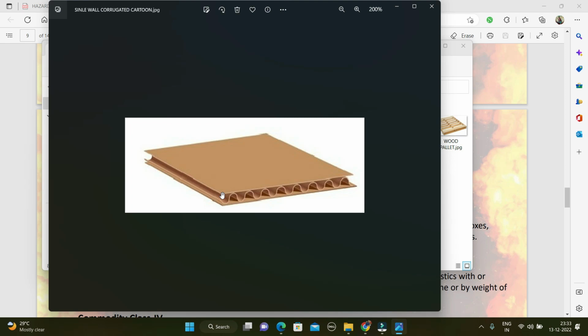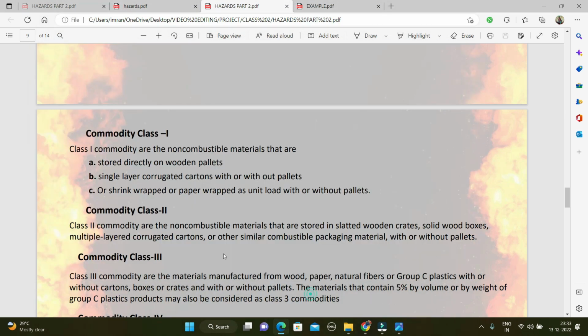That one is also a single layer carton. So if that type of carton is stored on pallets or without pallets, then we can consider it as commodity class 1.